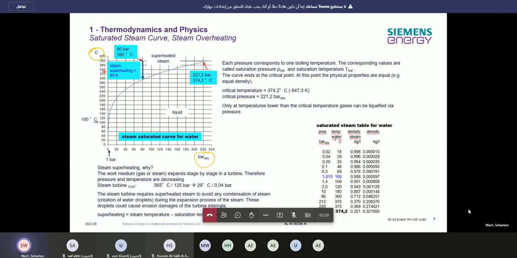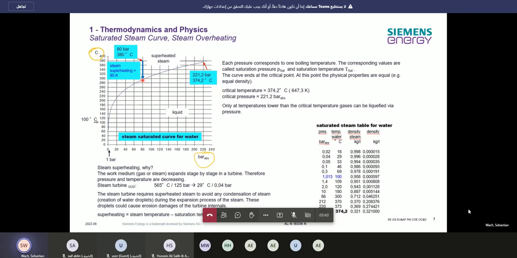It gives us a safety distance to the saturated curve. On the saturated curve, there could still be single water drops. So the last water drops are getting out there, and you are pretty near the border.